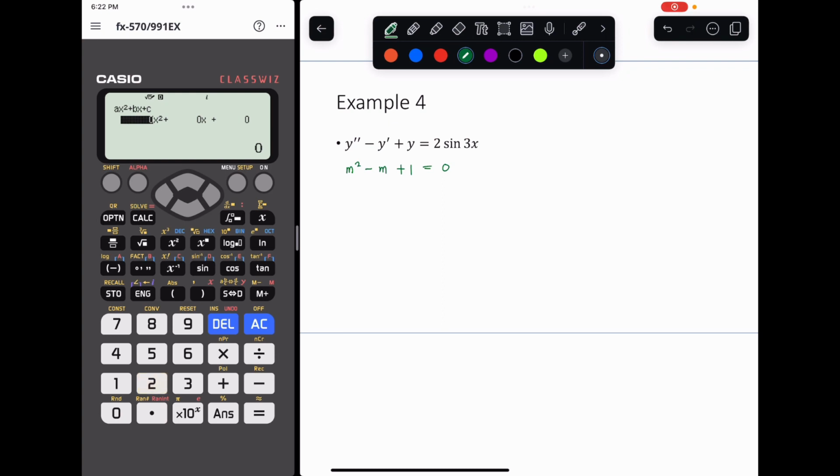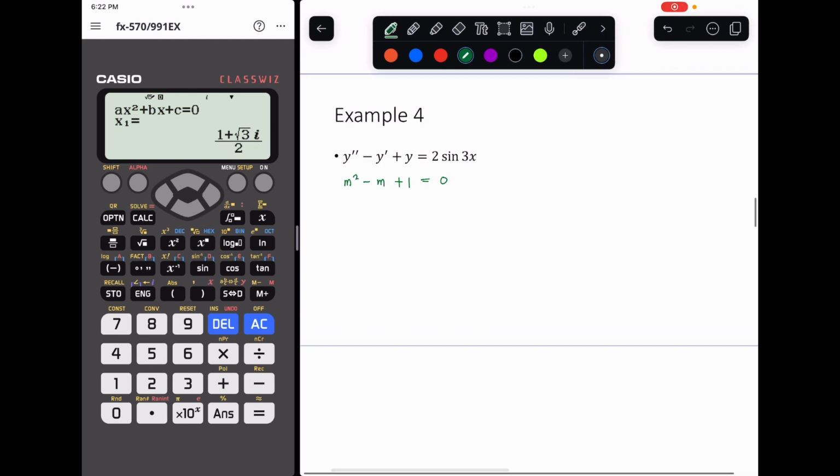The coefficient of m squared is 1, negative 1 for m, and positive 1 for the constant part. So that yields an m value of 1 plus or minus square root of 3 i, all over 2.